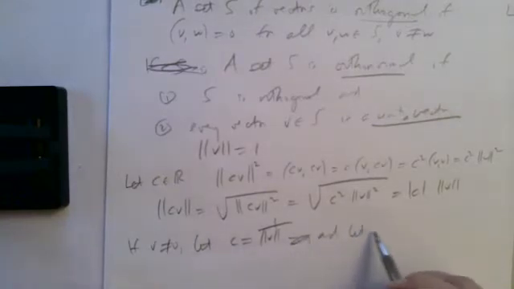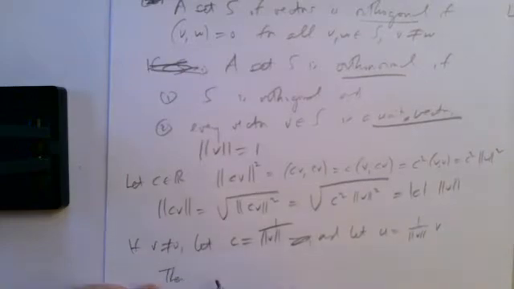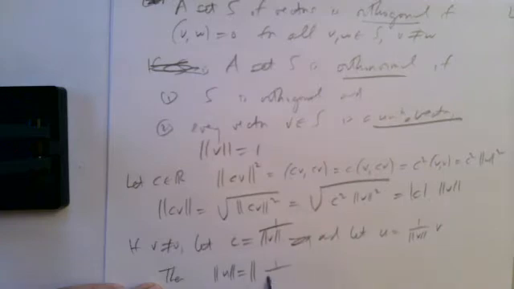And let u, the vector u, be the scalar 1 over the length of v times v. Then the length of u is the length of 1 over the length of v times v. You can take this positive scalar outside.